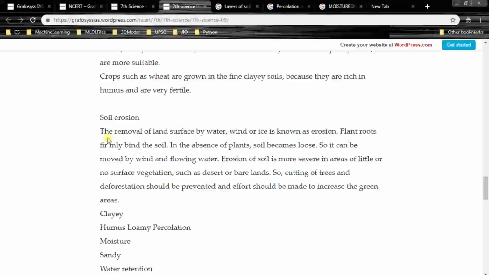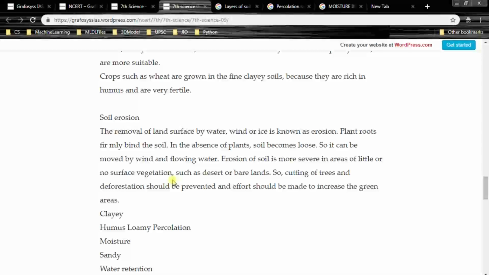Soil erosion: the removal of land surface by water, wind or ice is known as erosion. Plant roots firmly bind the soil. In the absence of plants, soil becomes loose, so it can be moved by wind and flowing water. Erosion of soil is more severe in areas of little or no surface vegetation, such as desert or bare lands.